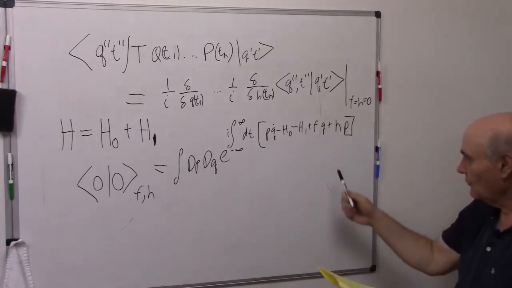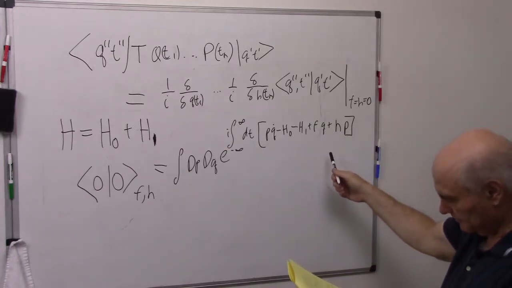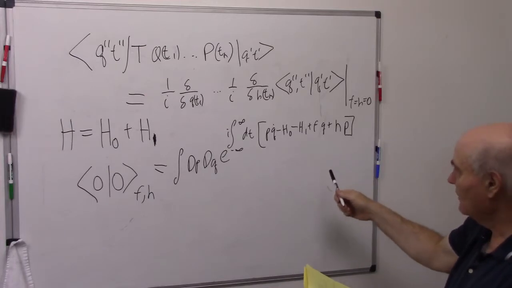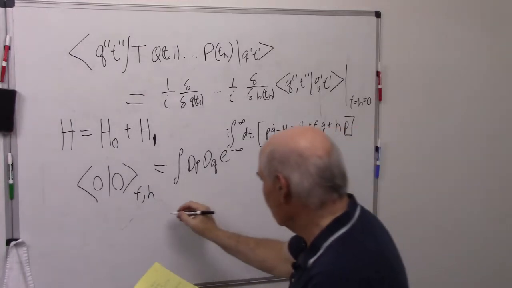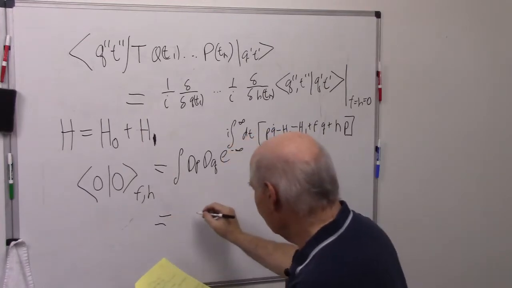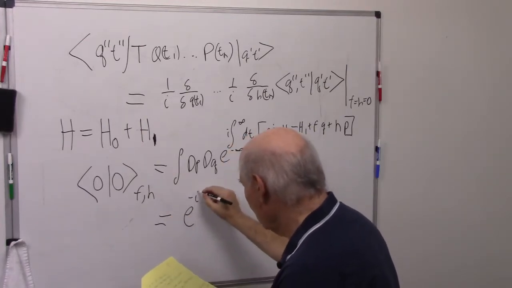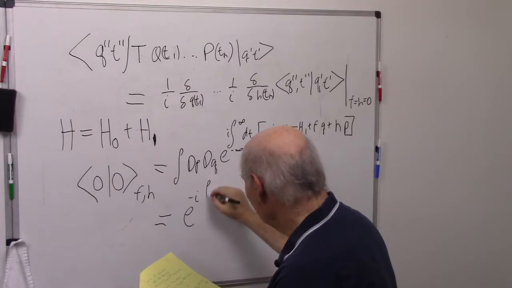So this is sort of what we had before. Now the idea is we can take this and write it in a funny way. We can write this as e to the minus i, the integral from minus infinity.